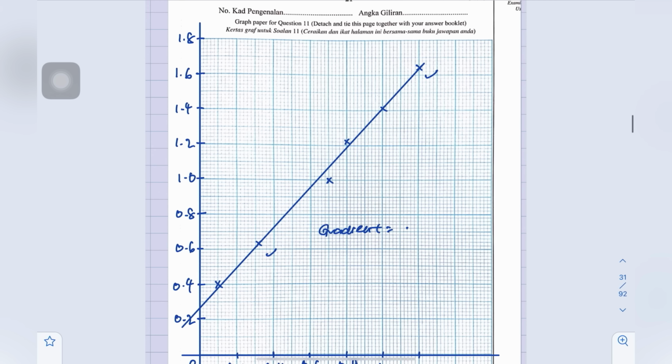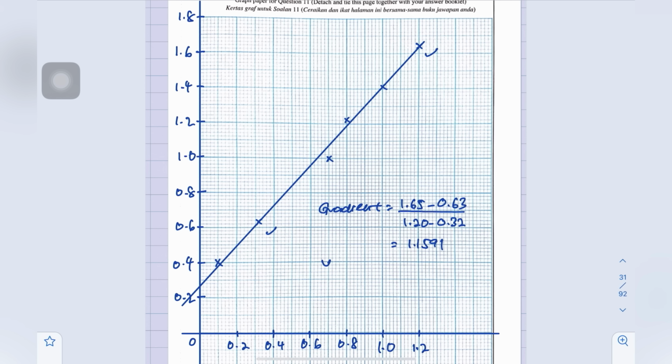So 1.65 minus 0.63 over 1.20 minus 0.32. Okay, so gradient is 1.1591. So big Y intercept, kita baca siap-siap, which is equals to 0.26.